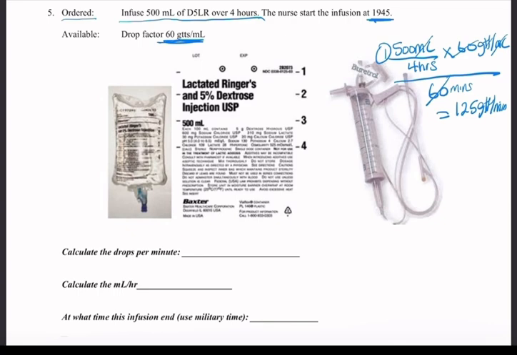Then it moved on to ask me to calculate the milliliter per hour. Based on my rounding rule again, if it's greater than 1 hour, I am just going to divide the total amount of milliliter by the number of hours.